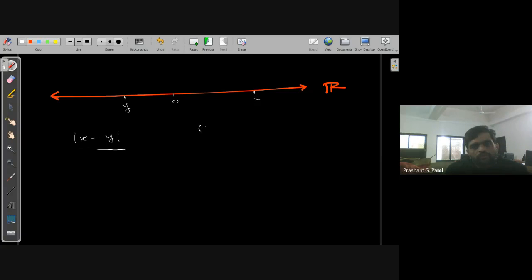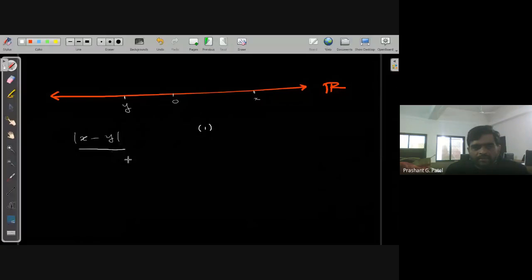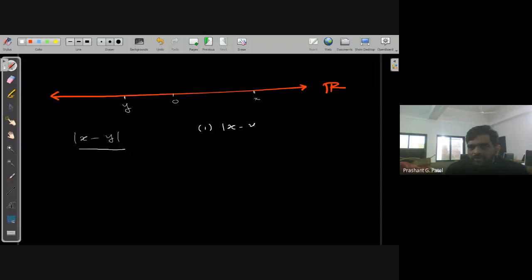The first property one can observe is that the distance is always positive, that means the modulus of x minus y is always non-negative.